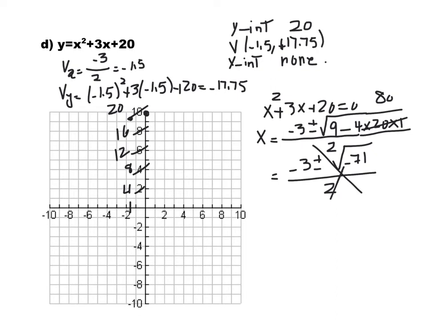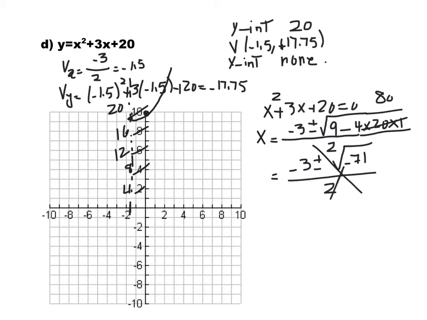Now I have the y-intercept and the vertex, so I can plot this part of the graph. To find the other part, meaning the left side, again I use the property that the line that goes through the vertex is the line of symmetry. So if the y-intercept is to the right 1.5 unit, if I go 1.5 unit to the left, I'm going to end up at negative 3.